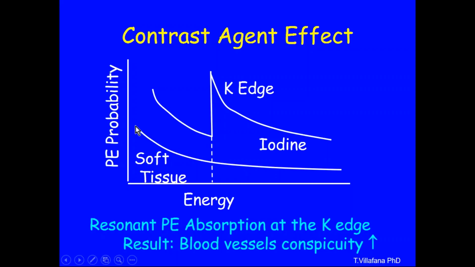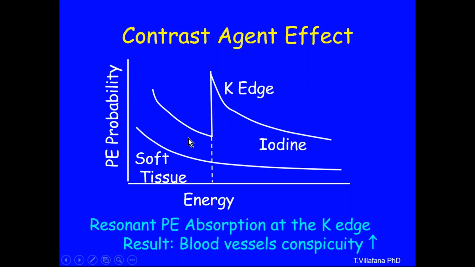A soft tissue K-edge is at less than 1 keV. So it's way down here toward the bottom of the scale, and so we just don't draw it in. It's there, but in the range of energies that are important for us, soft tissues do not display a K-edge. The K-edge is way down at low energies, so they don't appear.